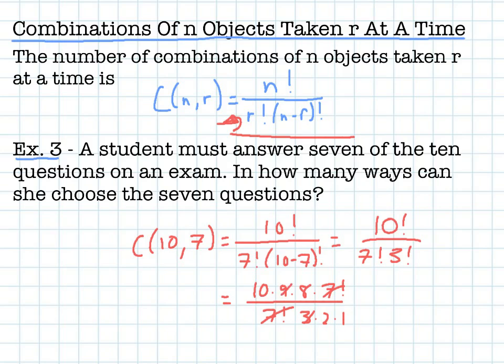So the 3 goes into the 9, and the 2 goes into the 8. So then now, all you have left in the numerator is 10 times 3 times 4, which is 120. And then the denominator is just 1, so it doesn't matter. So here, I have 120 ways to answer 7 questions on this exam.